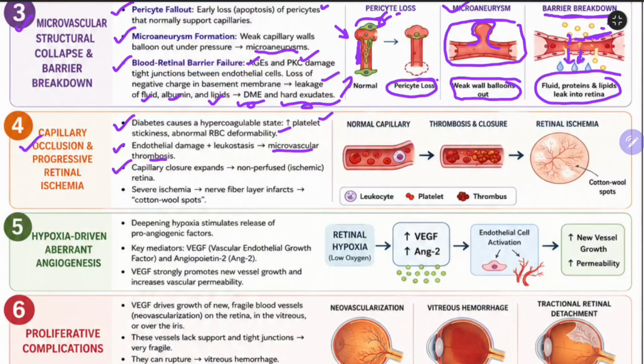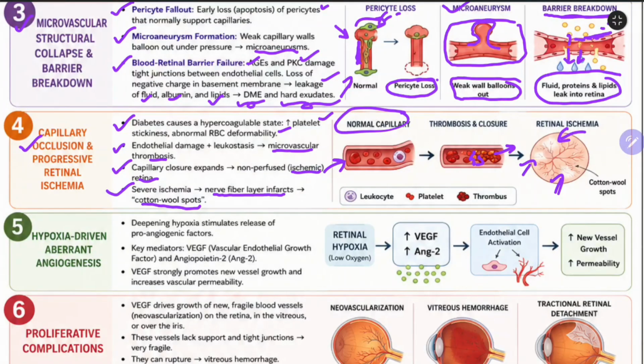So capillary closure expands, and that will lead to ischemia of the retina. Severe ischemia will cause nerve fiber layer infarction, and that will appear as cotton wool spots. See, in a normal capillary there will be flow like this, and when there is thrombosis, there is blockage of the capillary. So blood flow to the retina will be halted, and there will be ischemia of the neurons, which will appear as cotton wool spots.